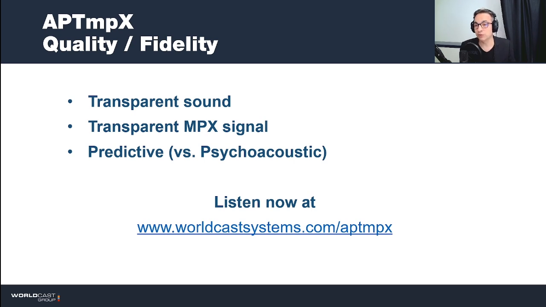The algorithm to perform that is based on a predictive method instead of psychoacoustic, meaning that basically no information is lost when using this compression. So the quality remains very high, and this is what makes the difference between this algorithm and competitors' algorithms that you can find on the market today.